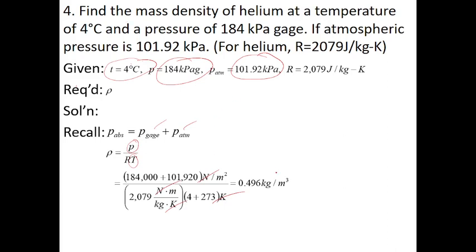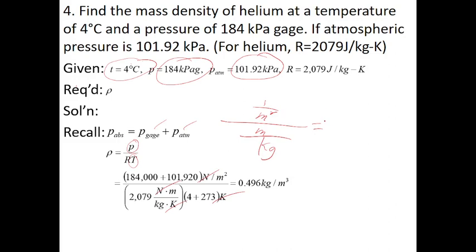So let's analyze. Paano siya naging kilogram per cubic meter base sa mga unit na meron tayo? So we have here, na-cancel yon 1 over square meter. Meron ka meter dito. Over, cancel, cancel, meter over kilogram. Diba?